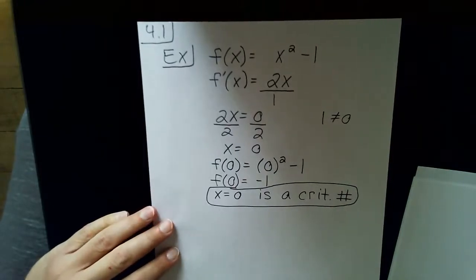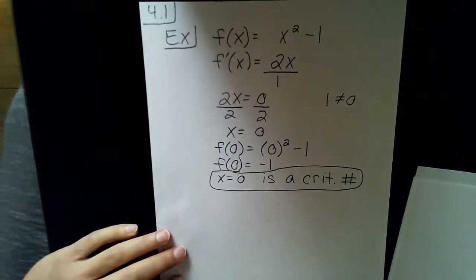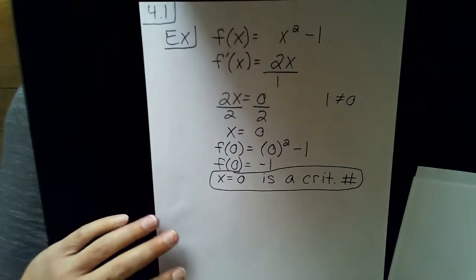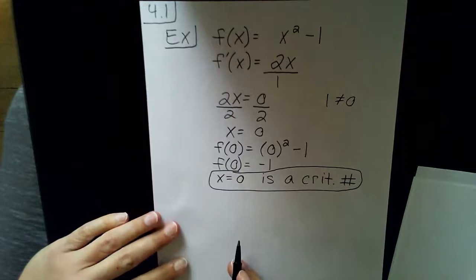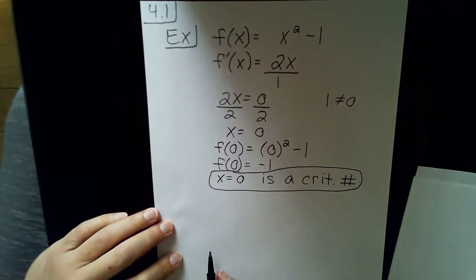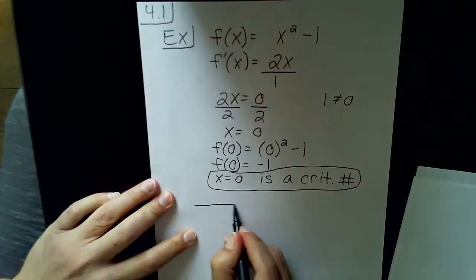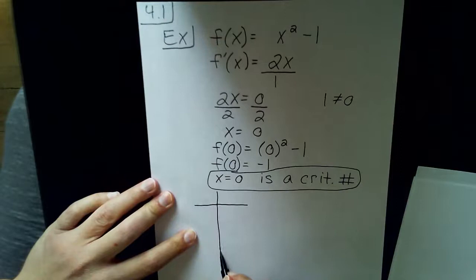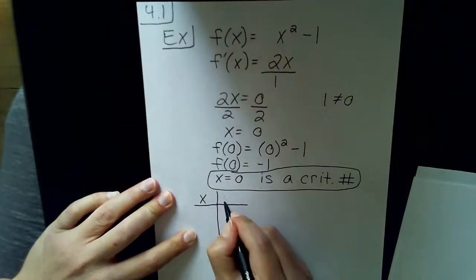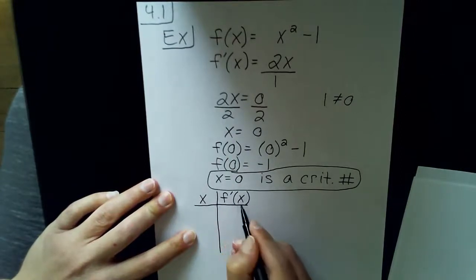From here, we now have to find where it is increasing and decreasing. So that goes back to the table or number line method we were working on in the last video. In this case, I'm going to use the table method. We are checking x, our partition or critical number, in the derivative.